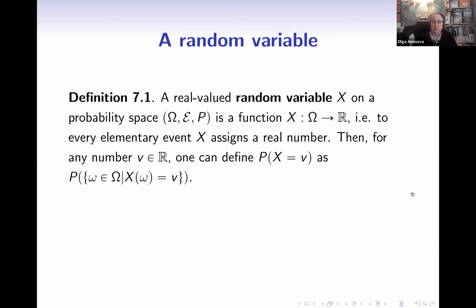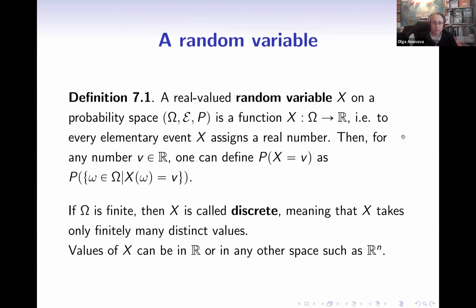So firstly, we need to define what is a random variable at all, because then we will describe the distribution of a random variable. So random variable is just a function that converts probability space into numbers or real numbers. And in this case, for any particular number, we'll be able to define a probability. All nice and easy.